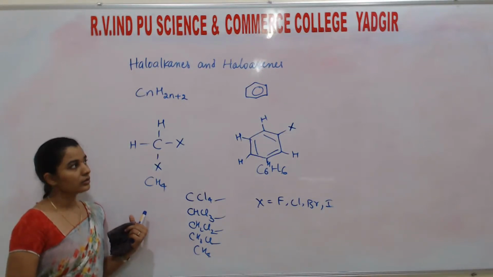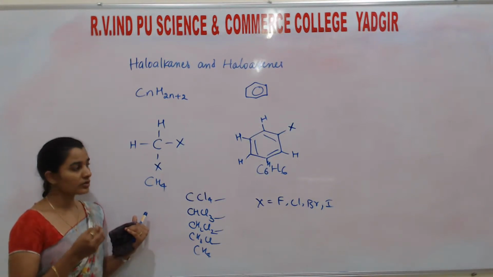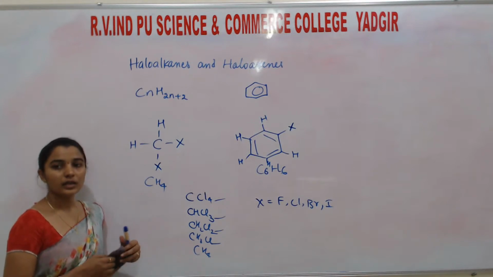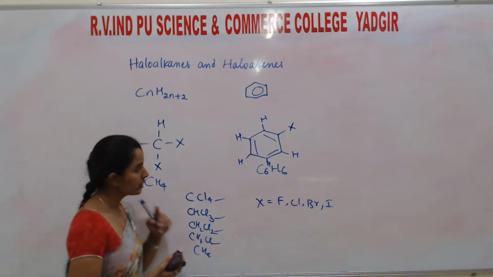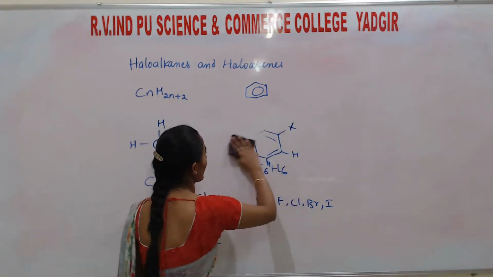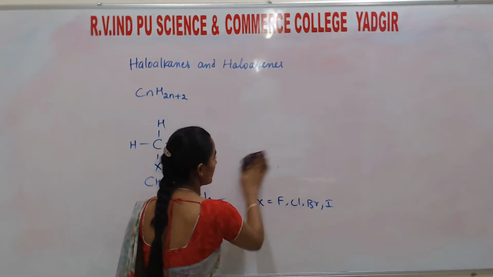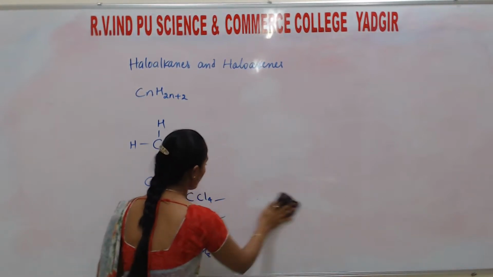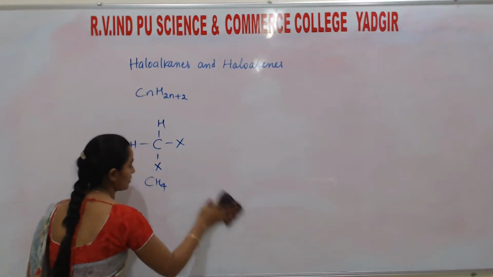In detergents we use this. Understand? So in most of the things we use haloalkanes and haloarenes. Understand? These haloalkanes and haloarenes are classified into different categories based on the nature of the carbon atom to which the halogen is bonded and the number of halogen atoms also.